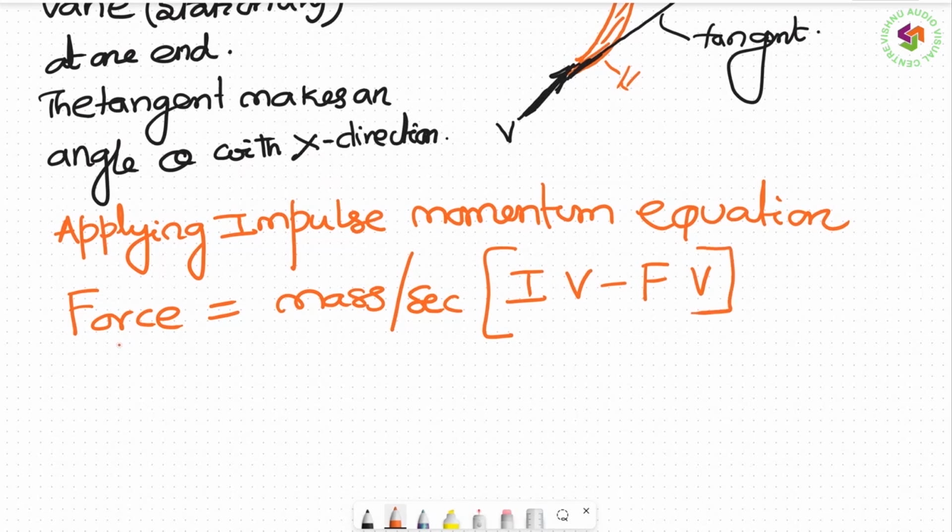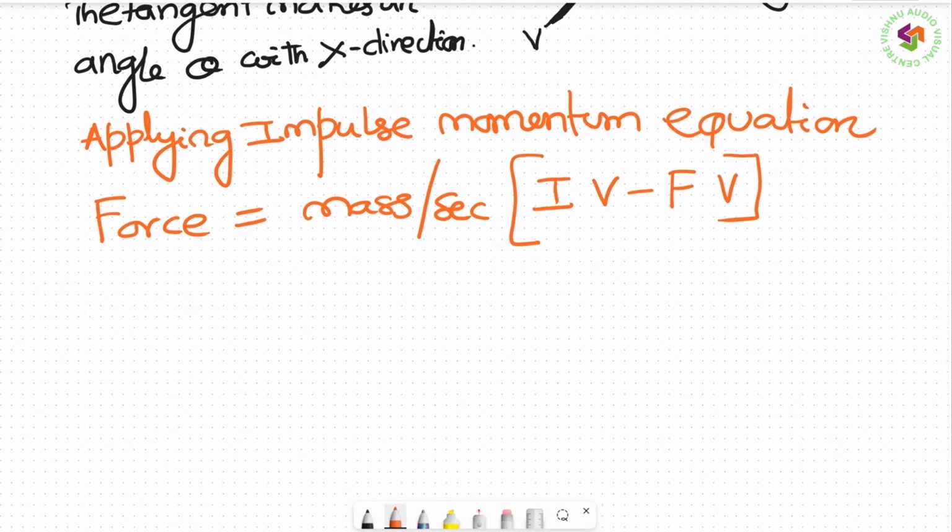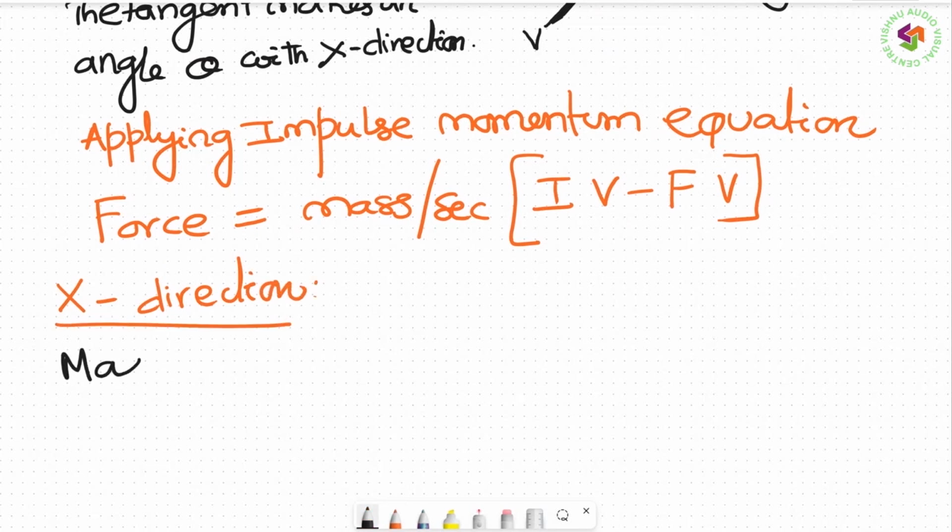Remember, force in whichever direction you are calculating, these velocities also should be in the same direction. Now let us go straight into the problem. So I will take the x direction. Mass per second is again rho A V. That much mass only is striking.